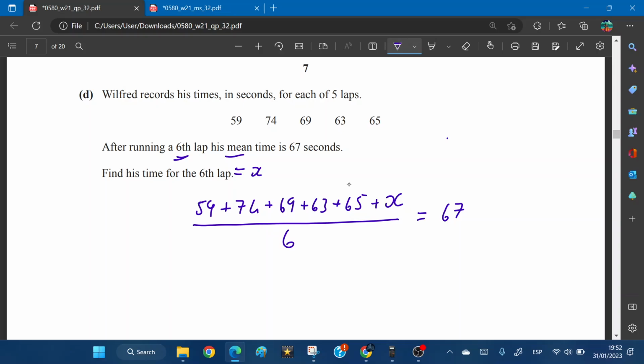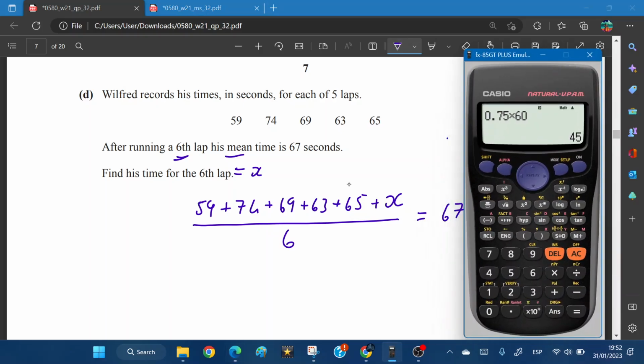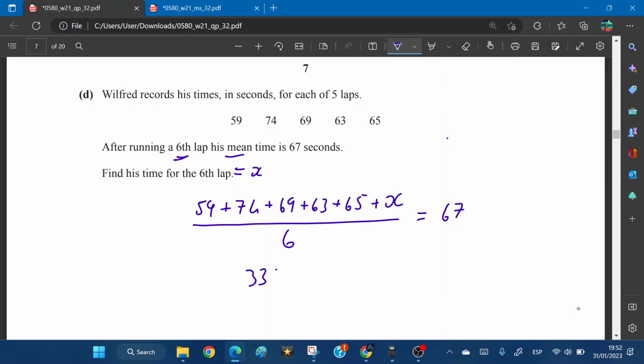Right, so let's first add up all the 5 laps we did record. So let's start. Yeah, that's them all. So that's 330. Still need to add that 6th lap. Divided by 6 equals 67.